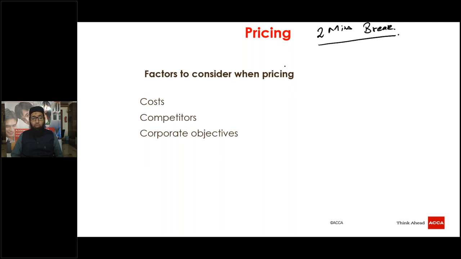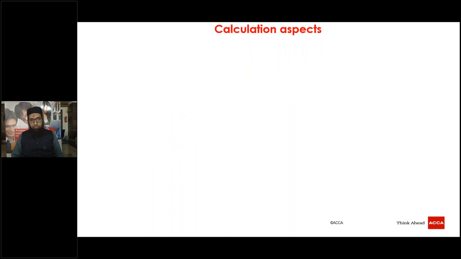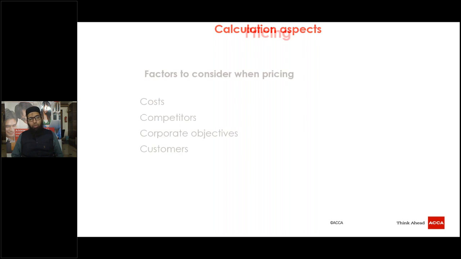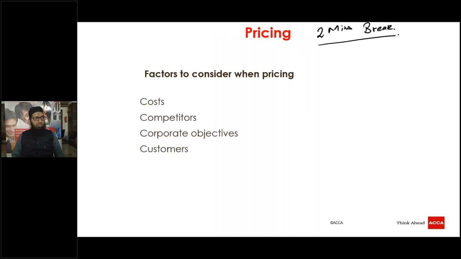Any pricing decision should be in line with the corporate objectives, and how its customer reacts to the pricing decision, because ultimately it would be the customer who is paying the price. So these are the four important factors that we see in the pricing decision.